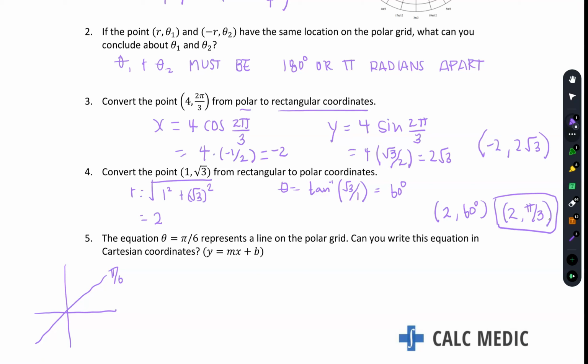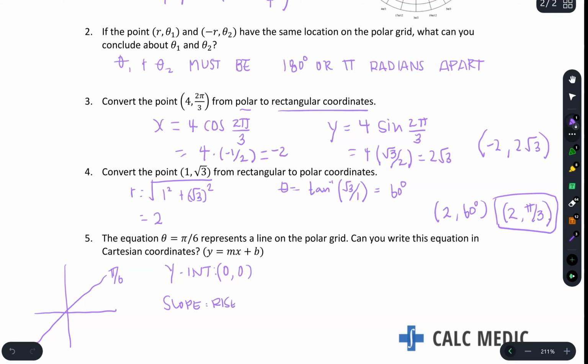The y-intercept is going to be, what, (0, 0). And the slope here, right? So the slope will be rise over run. So your slope will be what?